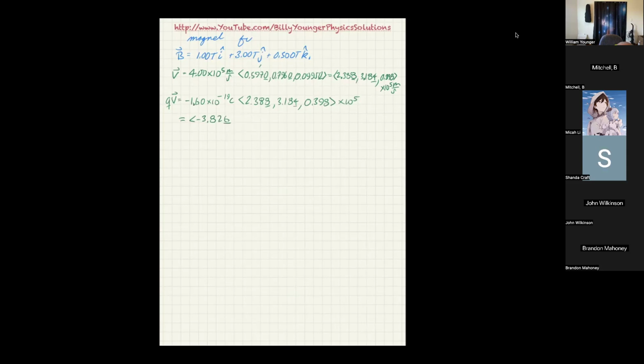Oh, crap. 3.184 times negative 1.6. And actually, I was only supposed to do that last one times 1.6. I'll fix that as well. So this one's negative 5.094, and then 0.398 times negative 1.60, of course a negative.